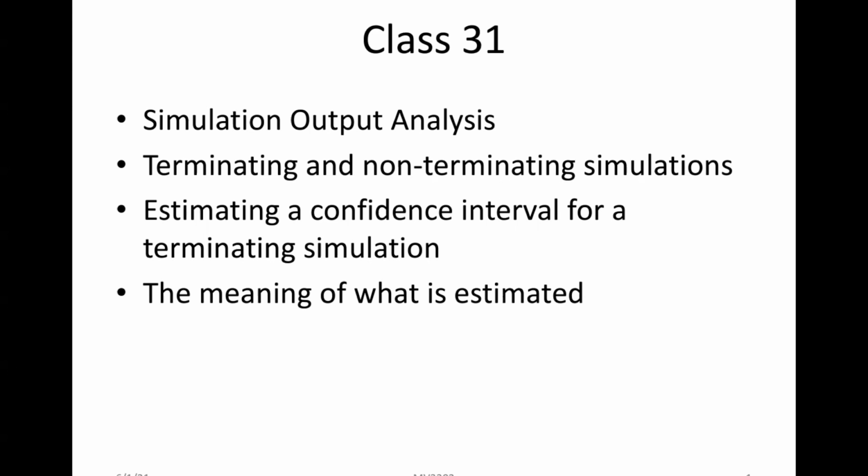So again, think of just our multiple server queue model. For a given inter-arrival time distribution and a given service time distribution, there is an actual, no kidding, expected delay in the queue, as we will have to define it very carefully in just a moment. But that's an actual number. The problem is we don't know what that number is.